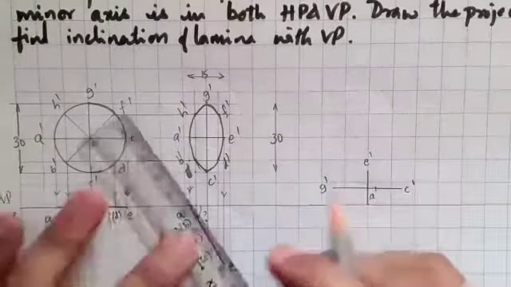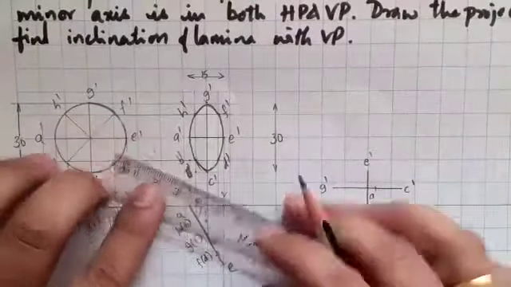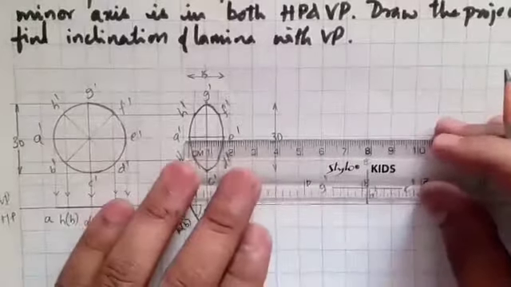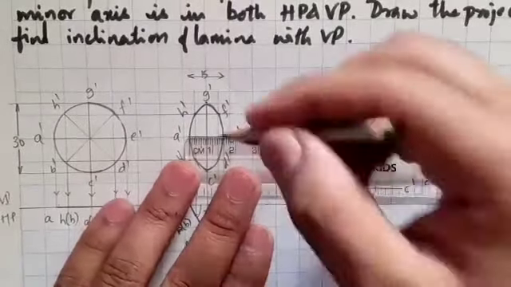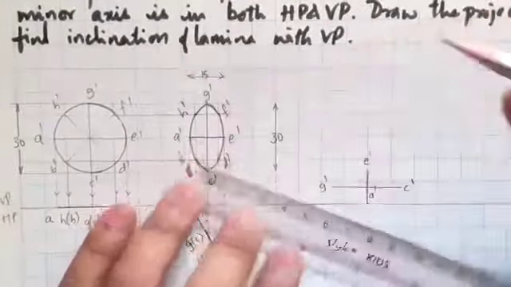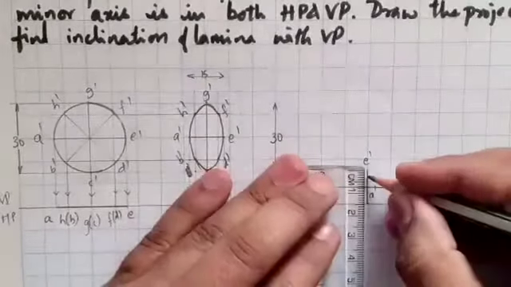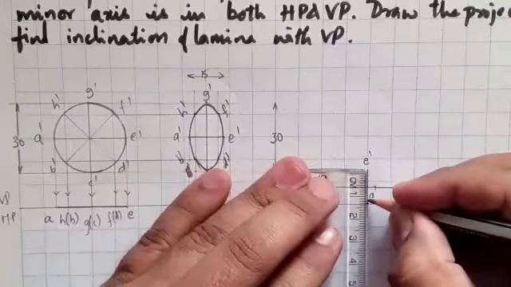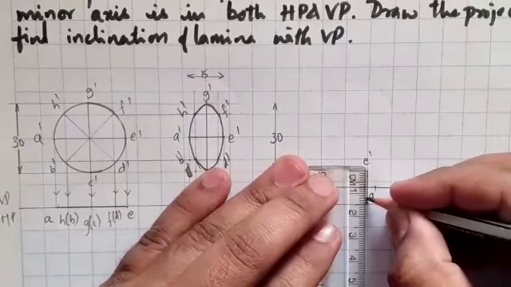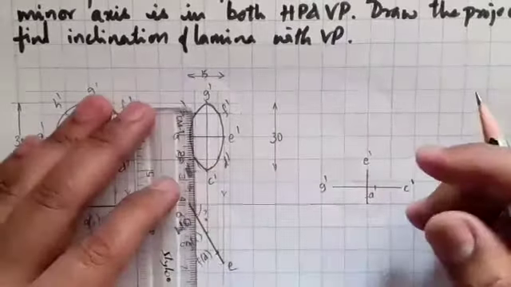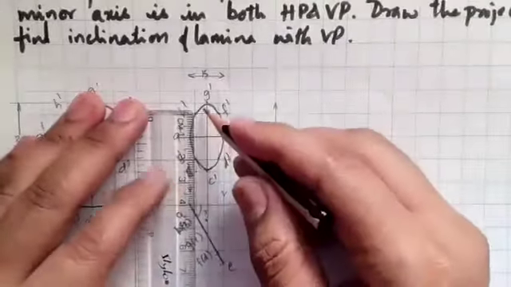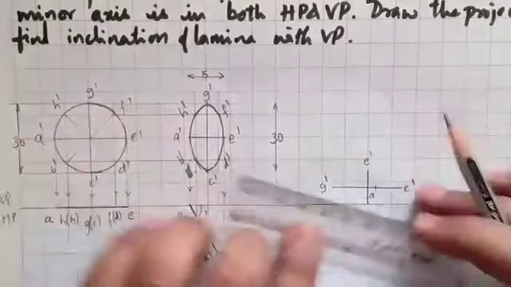Next, similarly, identify H and B. So I'll see here what is the distance. It is 3 mm. So on either side 3 mm, I'm going to mark 3, and from here also 3 mm, I'm going to mark. So H to B is around 20.